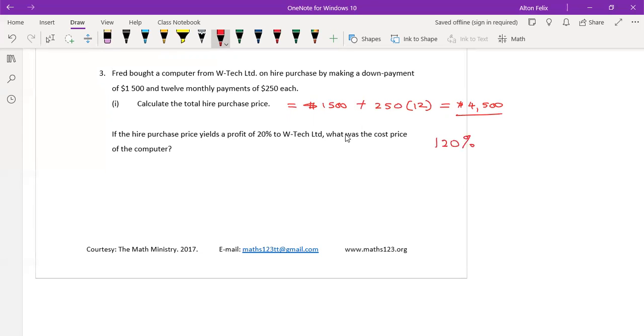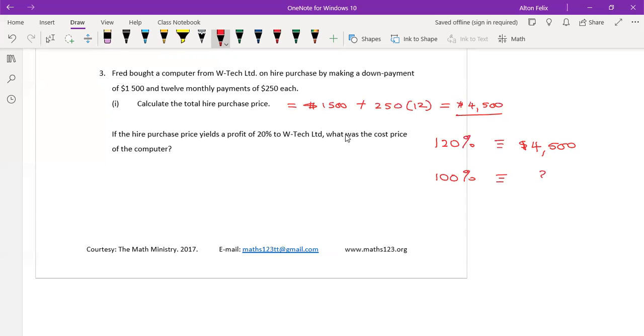It means that the price they paid, 4,500, is equivalent to 120, of course, the 20 represents the profit here. We are asked to find the cost price, which is the price equivalent to 100%, the whole.